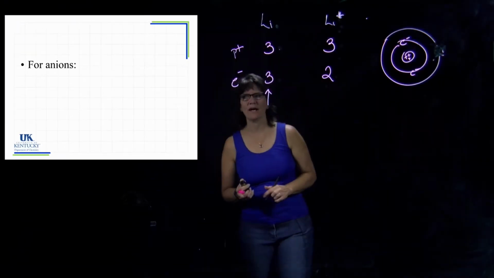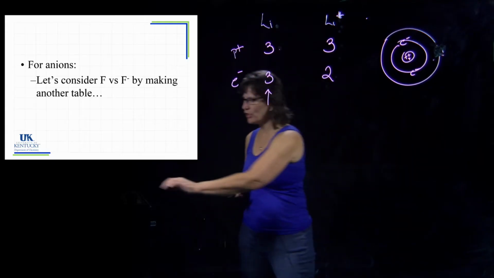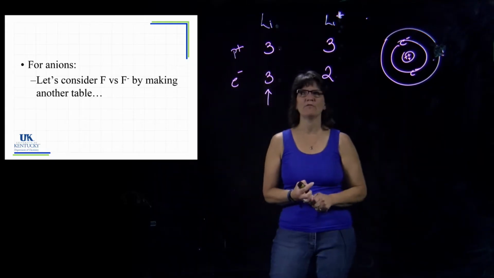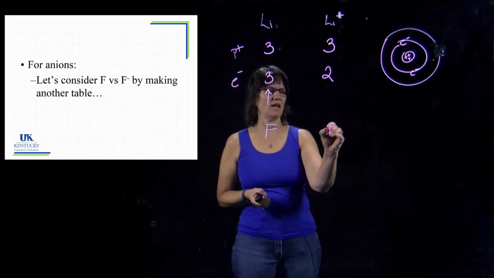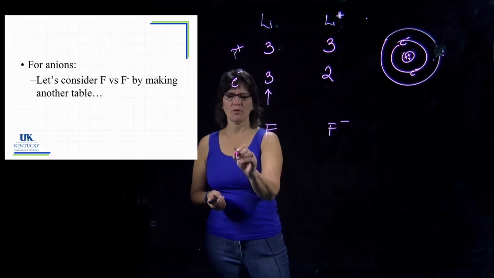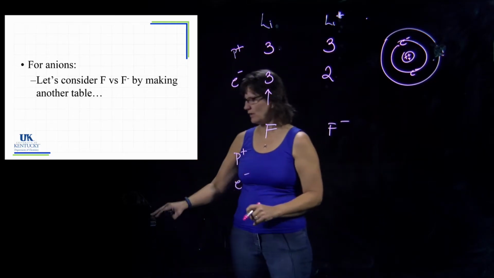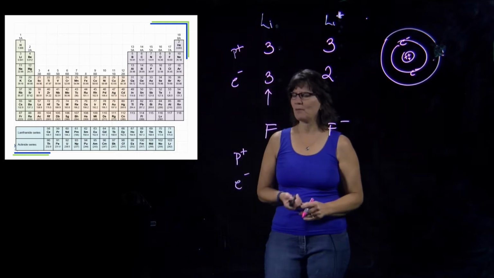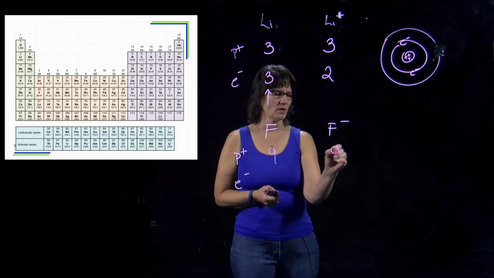All right, let's compare for anions. For anions, we're going to consider a similar argument, but we're going to compare F versus F minus. So F minus, the number of protons versus the number of electrons. Okay, so I think I have a periodic table here so I can find fluorine, and I know that it has 9 protons.